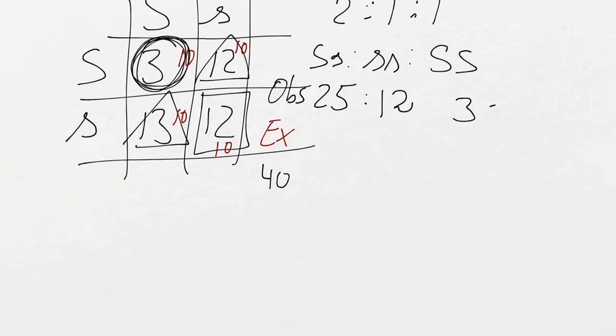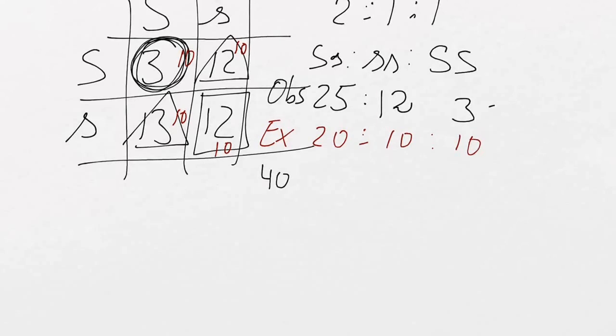How many for the heterozygotes do we have? 20. Exactly. How many for the homozygote recessive? 10. And for the homozygote dominant? 10. Okay, again, everything adds up to the grand total, as it should.